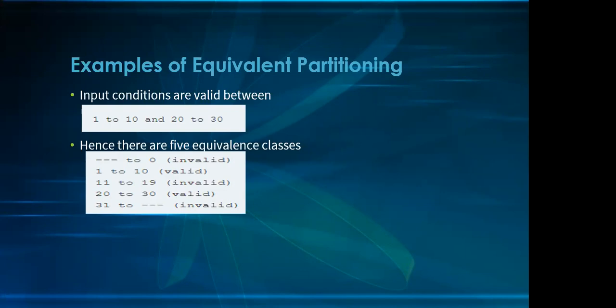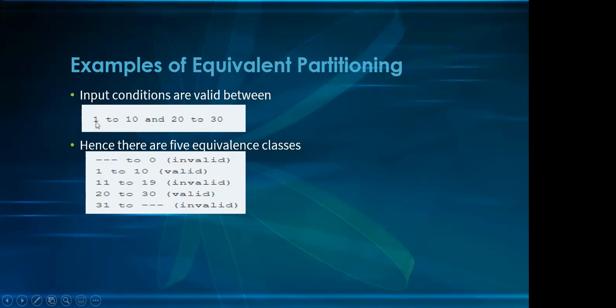So the first one, if you start from 1 to 20, it must be partitioned. So let's start from maybe -1, -2 to 0, which is invalid because it has not started at all.